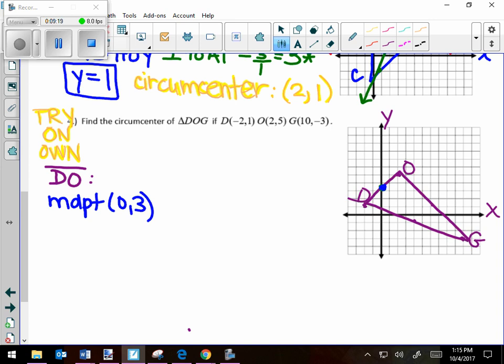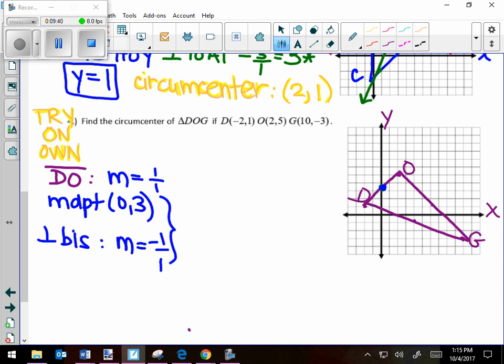And I can see that the slope from D to O is up 1 over 1. So when I'm looking at the perpendicular bisector of DO, it should have a negative reciprocal slope, which is going to be negative 1 over 1. Once I know these two things, I can draw the line.